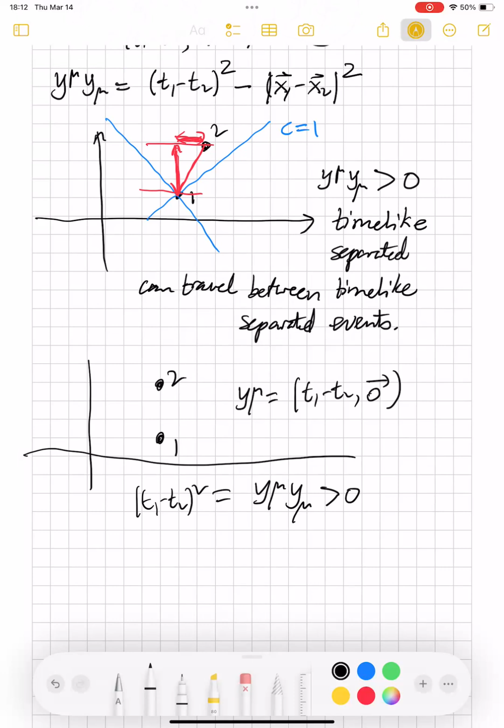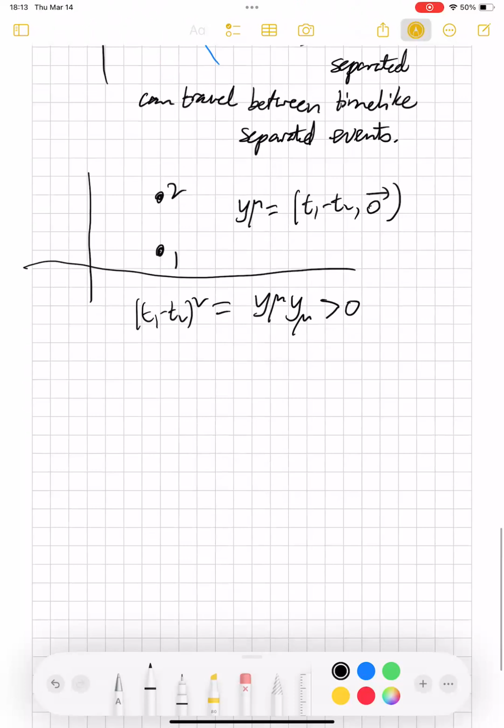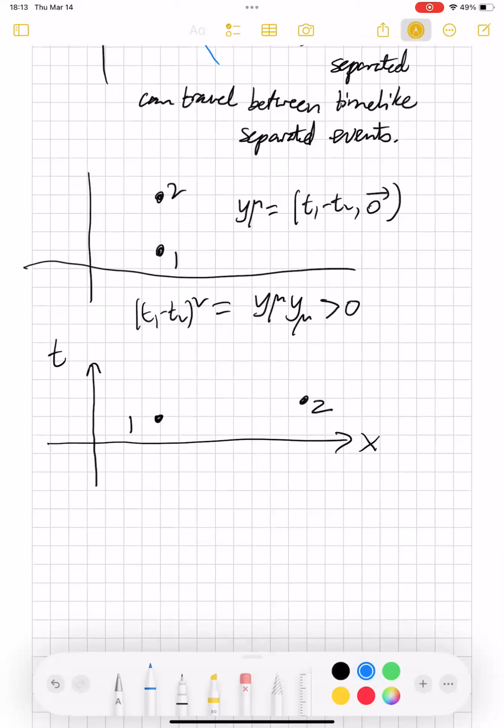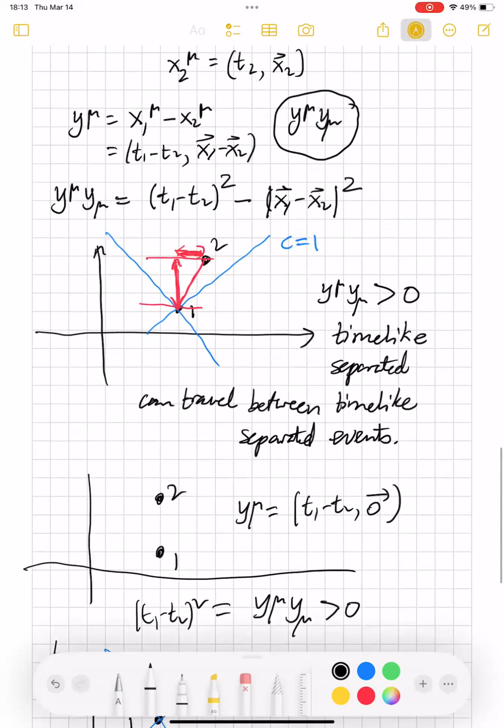Now let's consider a situation where here is t, here is x, here is our first point, 1, and here is our second point, 2. If we now draw on our light cone, there's our light cone. If we look at what y mu is, remember, it is the time difference squared minus the space difference squared between the 2 points.